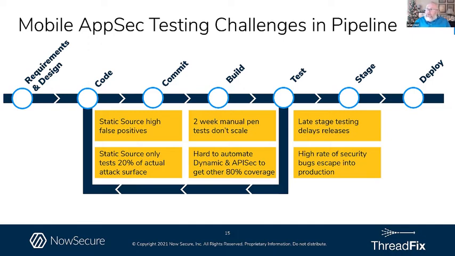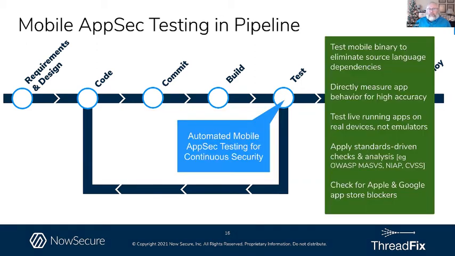The bulk of vulnerabilities that actually occur in the millions of apps we've tested in the App Store are discovered through dynamic testing, because it's not about the line of code you wrote, it's how the control flow works or something else. And static just never finds it in its ability to glue it all together. So what that means is late stage testing. Late stage testing means stuff squirts out the door, right? A lot of security exceptions get granted, stuff goes out the door. And that's why we have those pretty rough stats about what we tend to find in the pipelines.